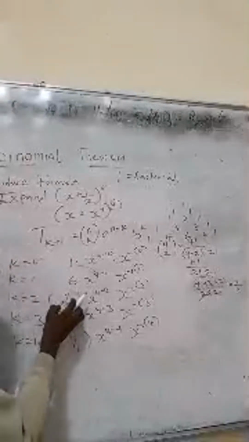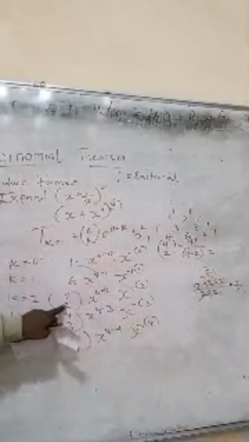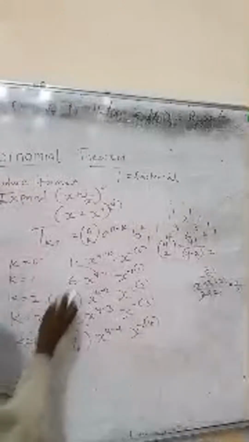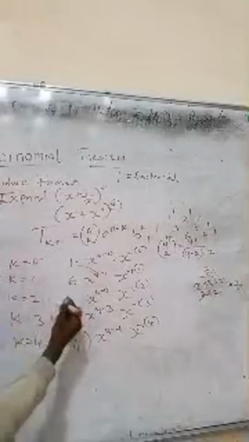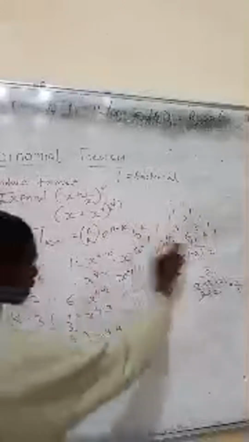You understand? Let's just continue what we're doing. So 4 choose 2. We have done for this part, not for this one. So the value of this is 6. So without wasting our time, we can get the value of the rest from this Pascal triangle.